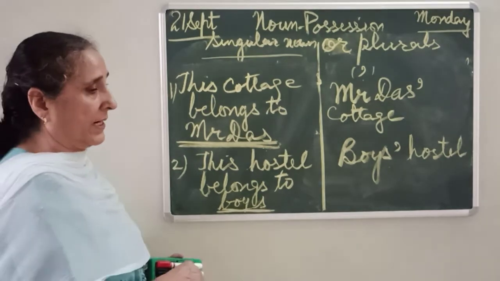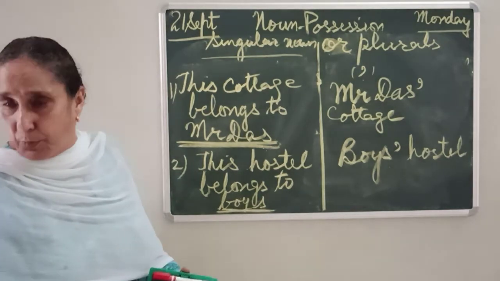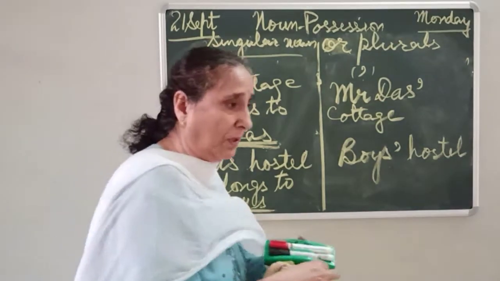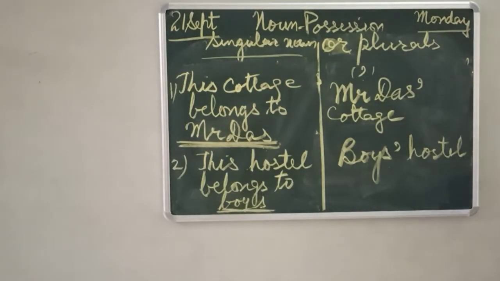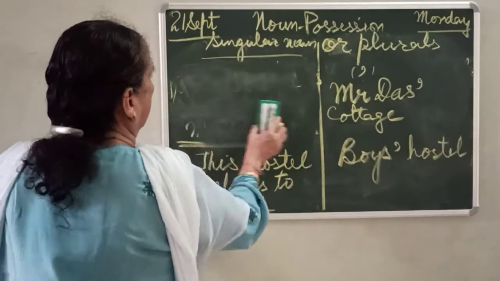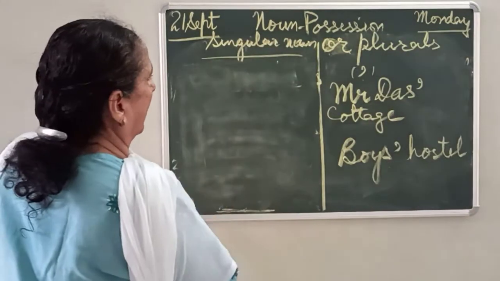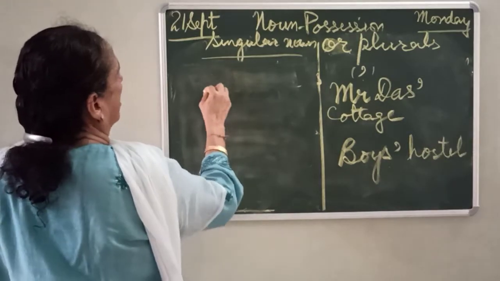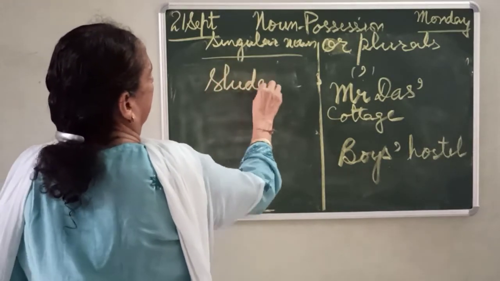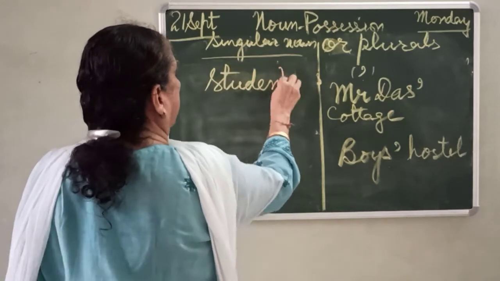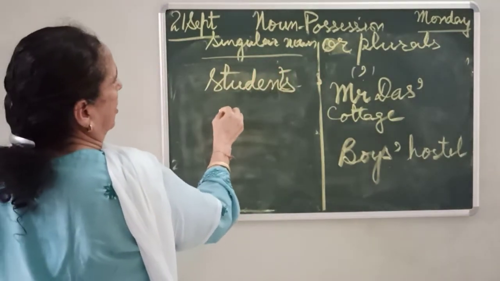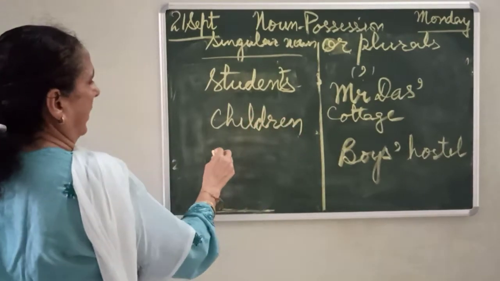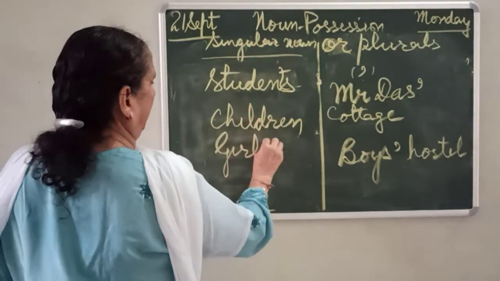Whenever there is a plural given, children, see, there can be more examples like students, children, girls.